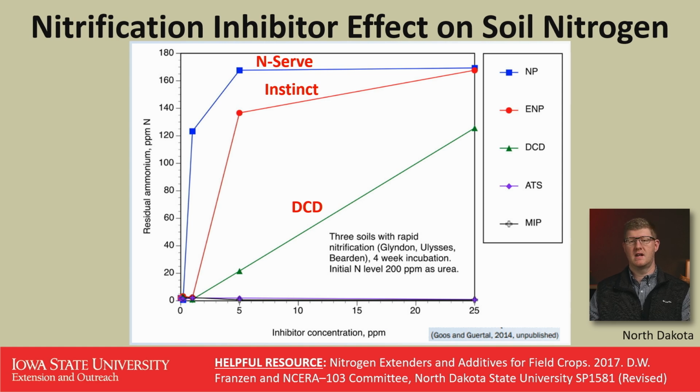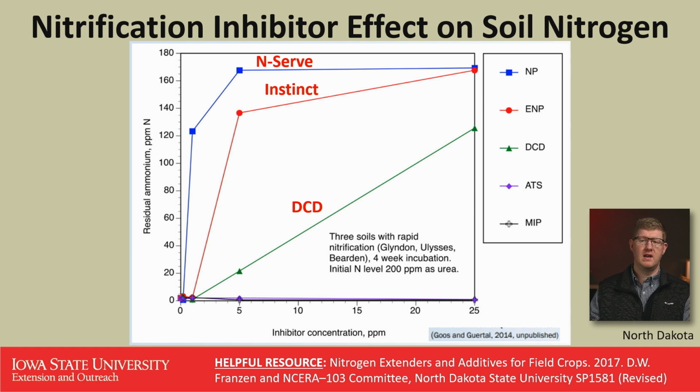And then the final thing that I want to highlight on this slide is if we go back and look at the DCD curve, at the highest application concentration, 25 ppm of DCD, you'll notice that even at 25 ppm, it had lower residual ammonium concentration in the soil than Inserve or Instinct did with 1 to 3 parts per million application.